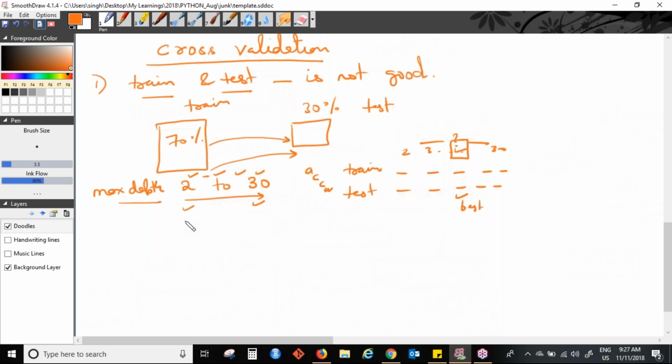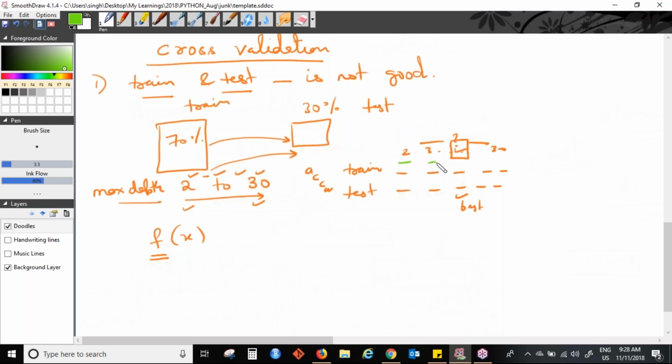So my final model can have only one max depth, it cannot have 10 different max depths, right? You can only build one function f of x. You cannot build 10 functions, you just have one function. So one function means it should have only one value of max depth. But to find out what that best value of max depth is, you will have to do these iterations.